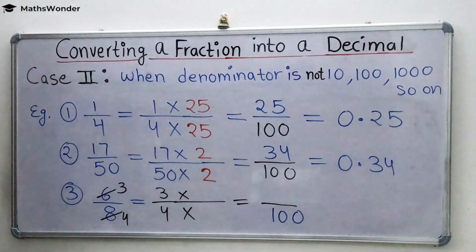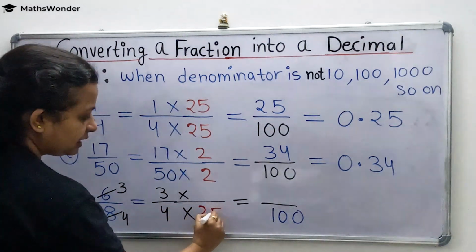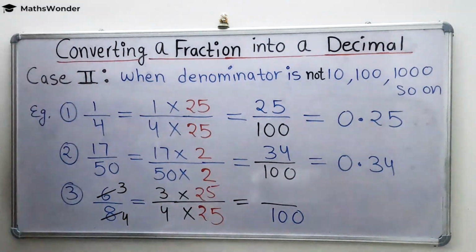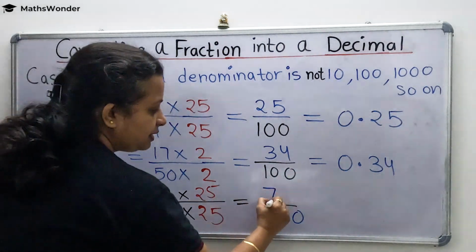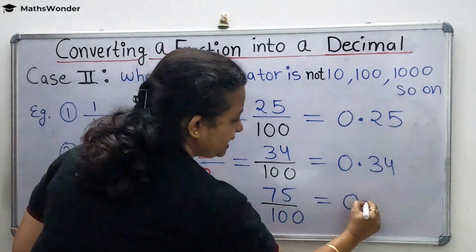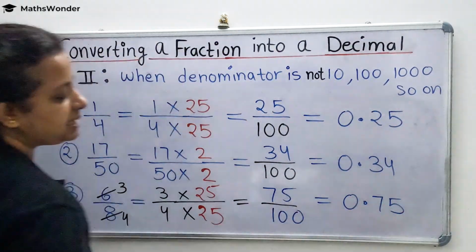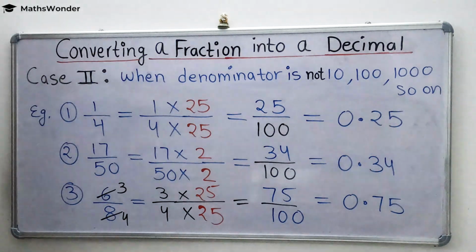So the suitable number is 4 times 25 gives 100 easily. So we will use this method. 25 times 3 is 75, and 75 over 100 we can easily convert into the decimal. So this is the easiest method.